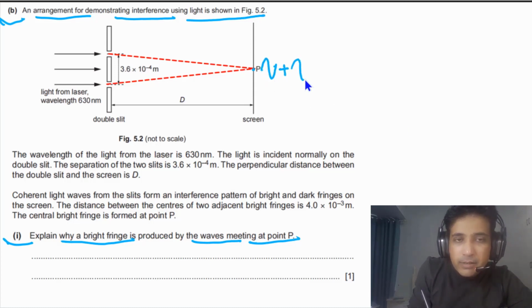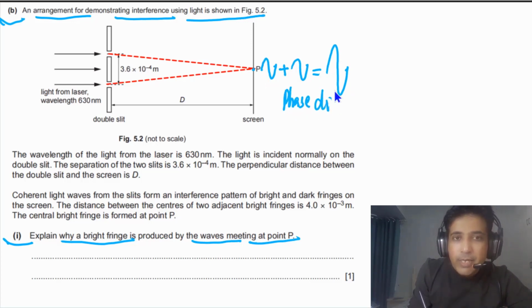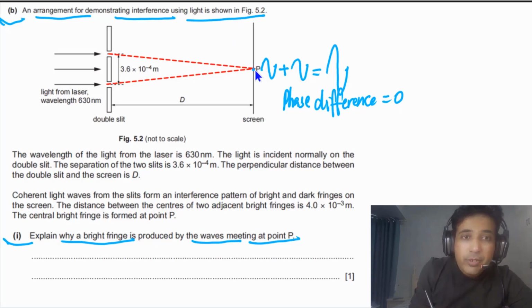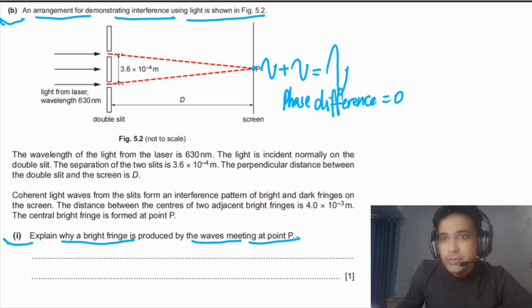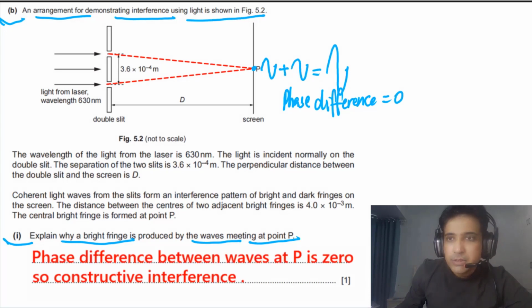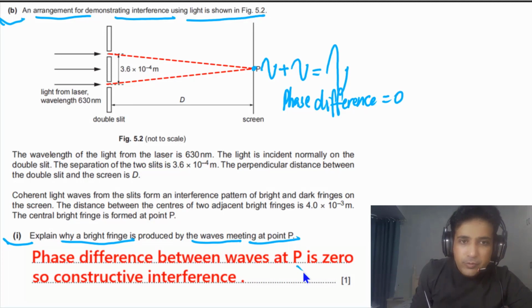These two waves are in phase. When they meet, they will produce a super crest due to constructive interference because they have a phase difference equal to 0. So in this case, the phase difference is equal to 0, so there is constructive interference and a bright fringe is formed at point P. For the answer, you can say the phase difference between waves at P is 0, so constructive interference and a bright fringe is produced at this point.